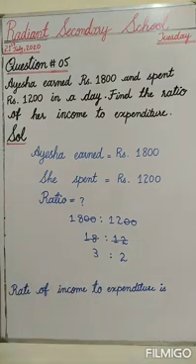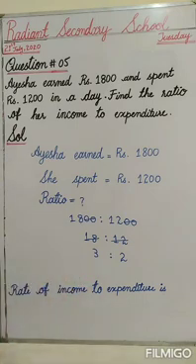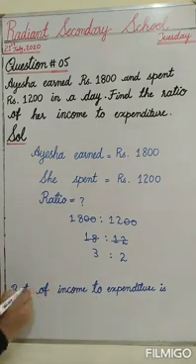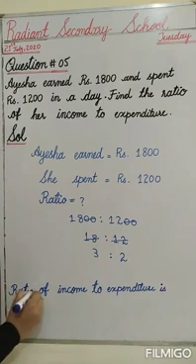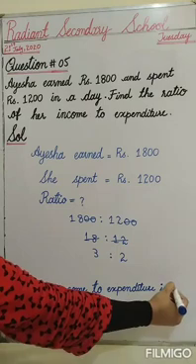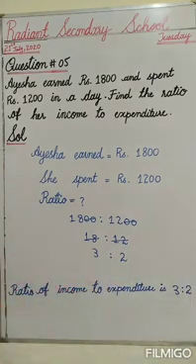After that, no cutting is possible. So this is the lowest form. This is the ratio of her income to expenditure. And in the form of statement, ratio of income to expenditure is 3:2. This is all.